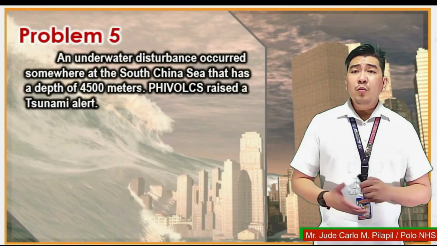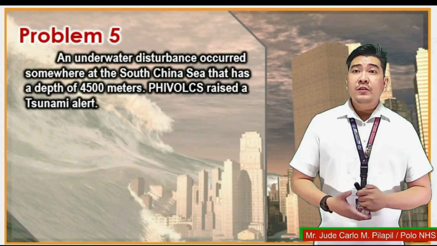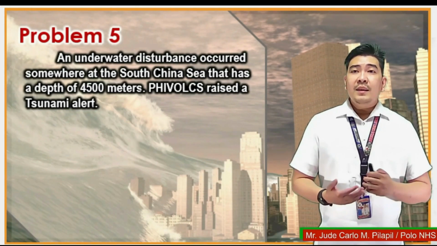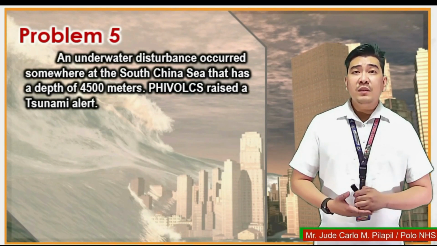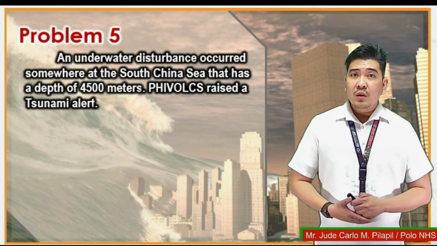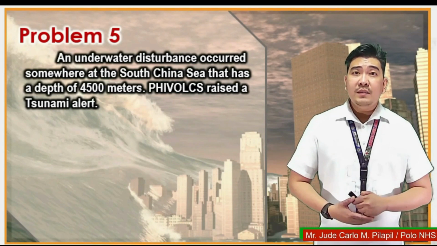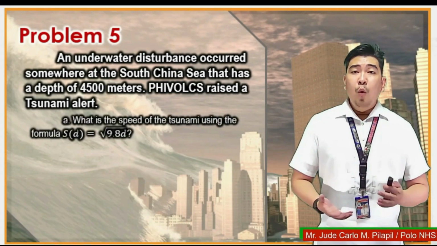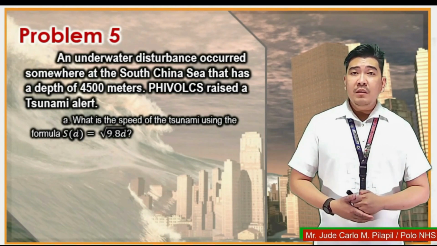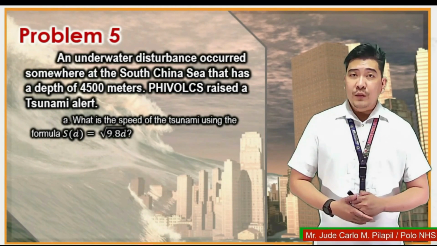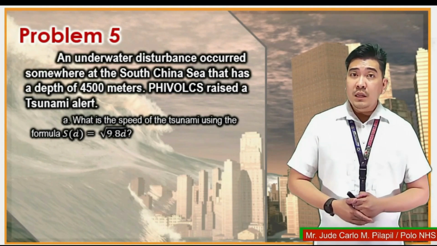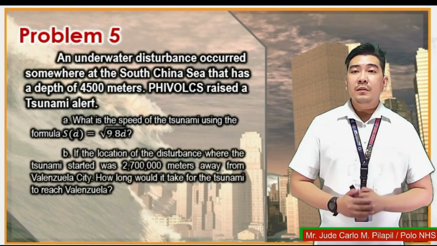Problem number 5. An underwater disturbance occurred somewhere at the South China Sea that has a depth of 4,500 meters. HAAWK raised a tsunami alert. Question number 1. What is the speed of the tsunami, using the formula S of D is equal to square root of 9.8 times D? Second question.